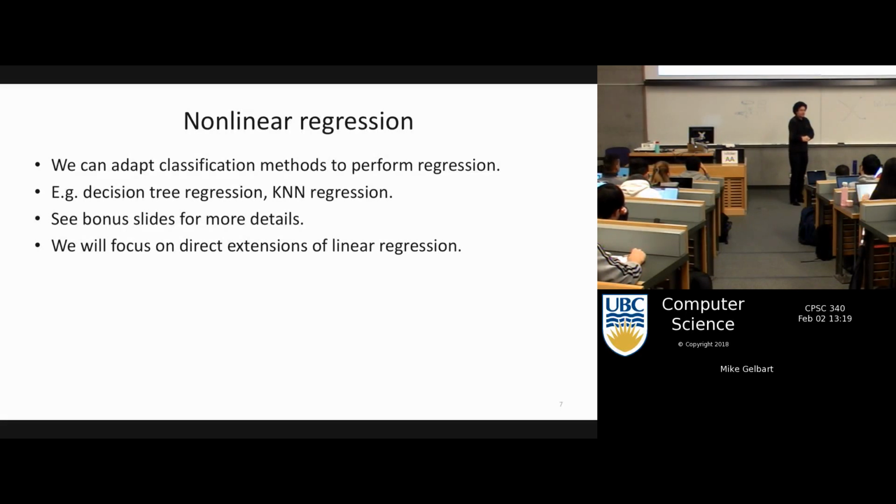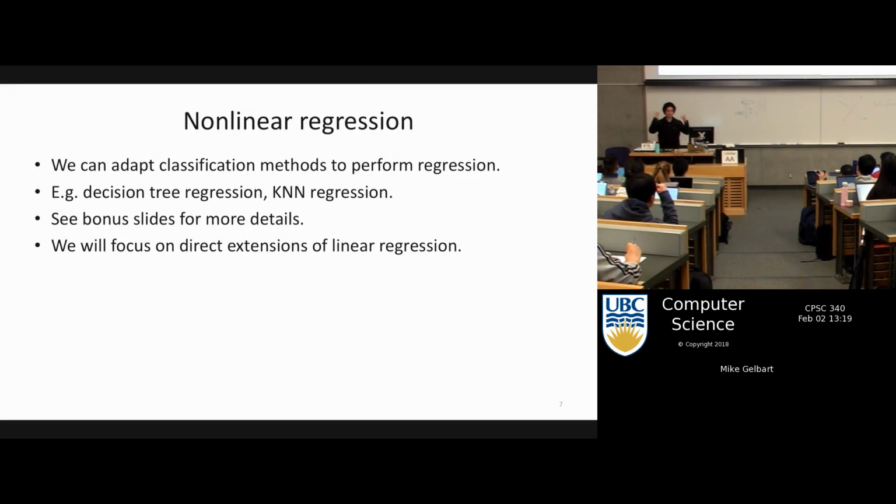But there is a whole bunch of regression algorithms that are kind of the regression cousins of the classification algorithms we talked about. So we had decision trees for classification. There are regression trees, where you do a decision tree, but at each leaf you have a regression instead of a classification. There's KNN regression.